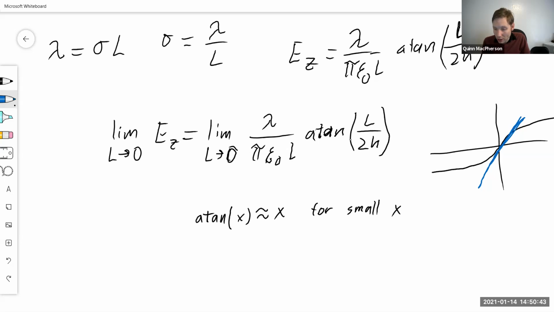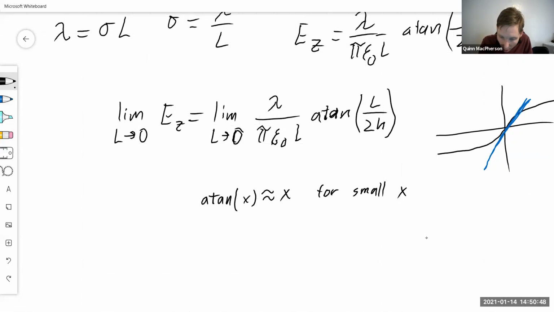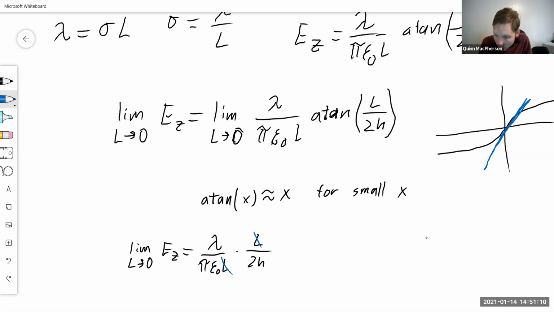And so we can just say that arctan of this thing just becomes the thing in parentheses, and you get the limit as L goes to 0 of E_z is equal to lambda over pi epsilon naught L times L over 2h, where conveniently the L's cancel, and I simply get lambda over 2 pi epsilon naught h.